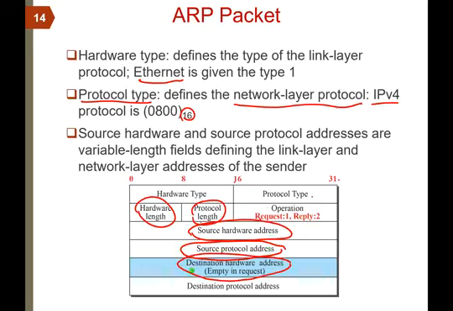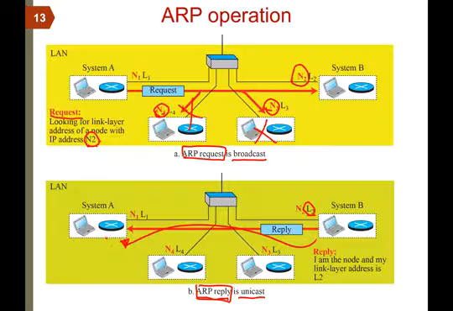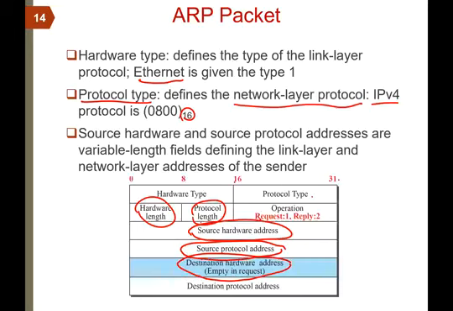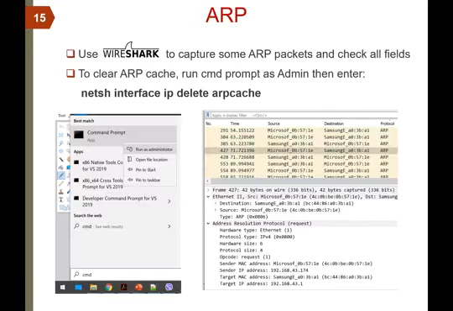If you send a request, you don't know the MAC address of the destination. As we said here, when you send a request, you don't know the destination MAC address. You are asking for that address. So this field will be empty when you first send the request, and then the destination protocol address.